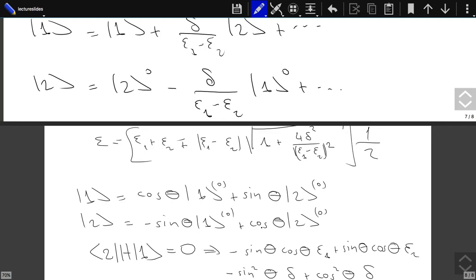If you take out the cosine theta, you have 2,0 minus tangent theta 1,0. And that's also something you can check. Just calculate the second order correction to the states we have. If you calculate them, you will see that you get the next term in the expansion of tangent theta.